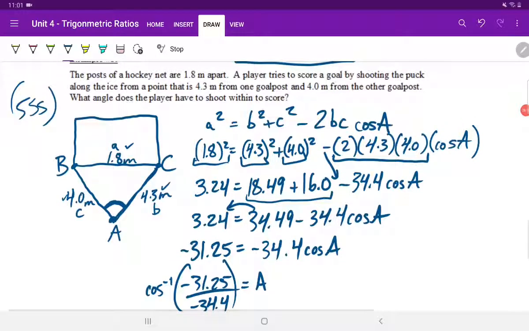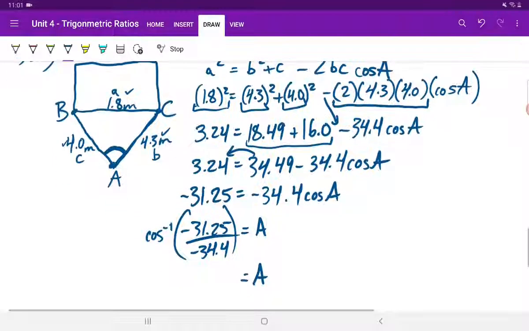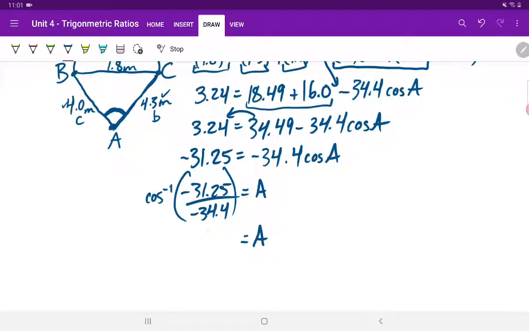It doesn't say anything about the nearest degree, but we have one decimal place in our diagram, so we're going to do one decimal place for our angle as well. It's 24.7 degrees. So if this hockey player shoots within an angle of 24.7 degrees and doesn't shoot it too high, of course, then this hockey player will be hitting the net.